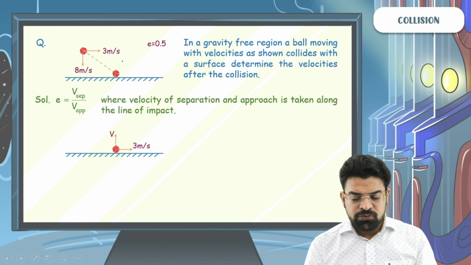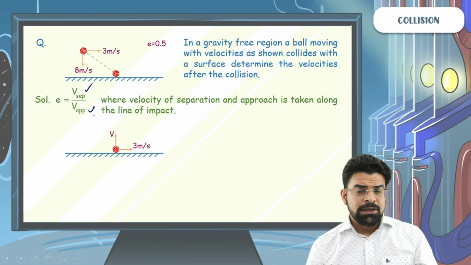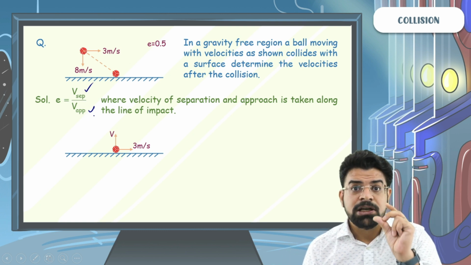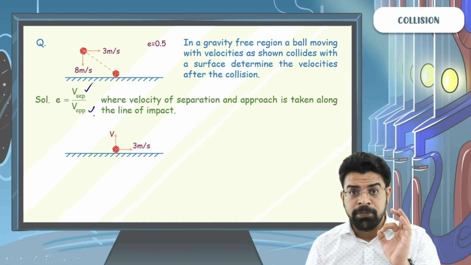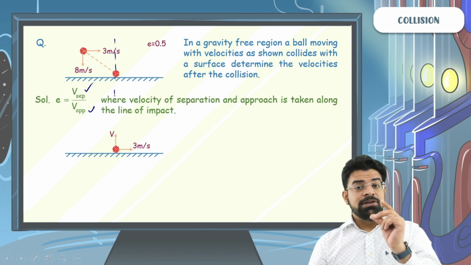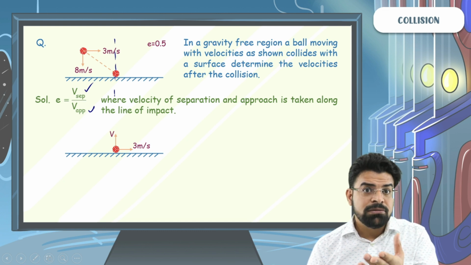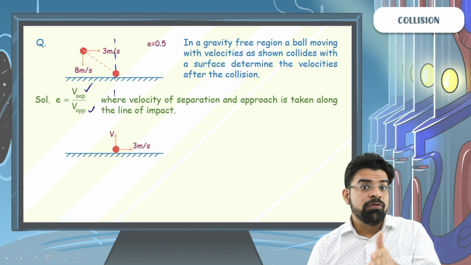Now question is, what will you write as velocity of separation and what will you write as velocity of approach? See beta, the ball comes and hits the ground. Velocity of separation and velocity of approach are the velocities along the line of impact. In this particular case, the line of impact is vertical. So velocity of separation and velocity of approach are the velocities after collision and before collision in the vertical direction, because the line of impact is vertical.